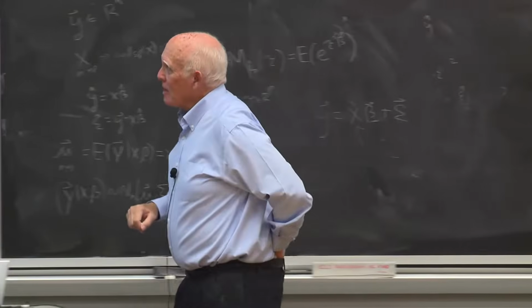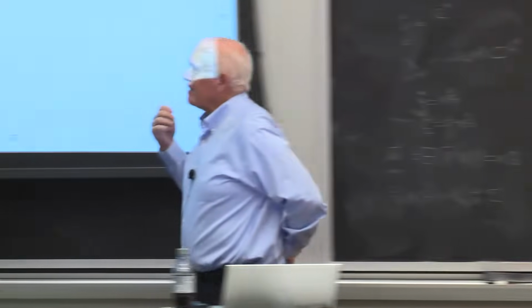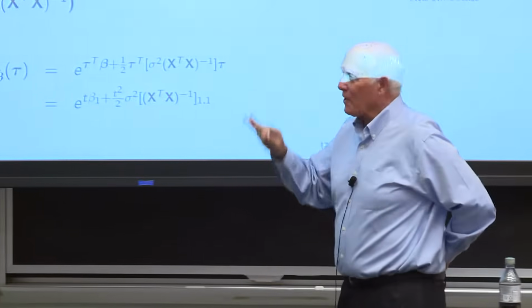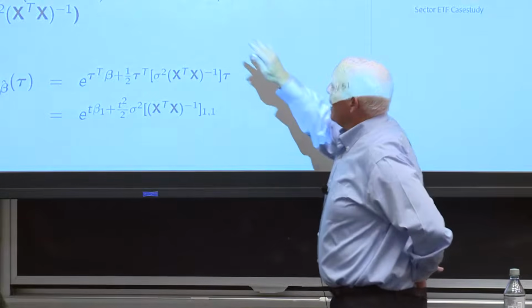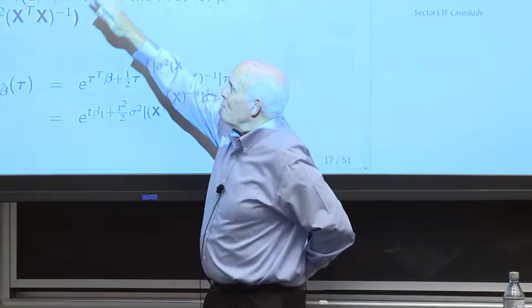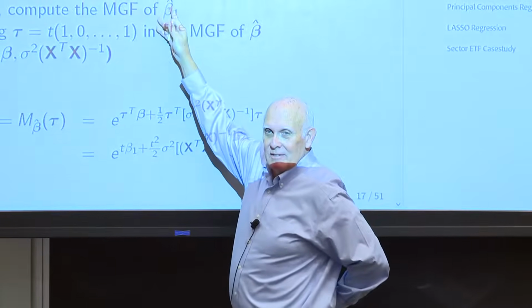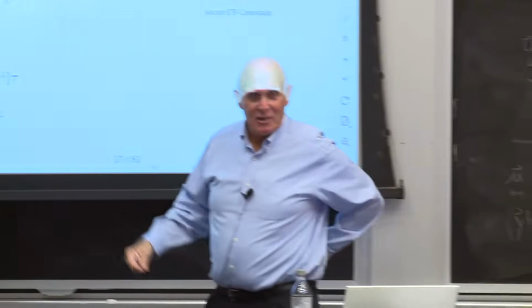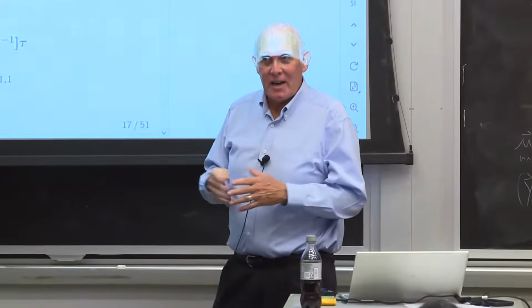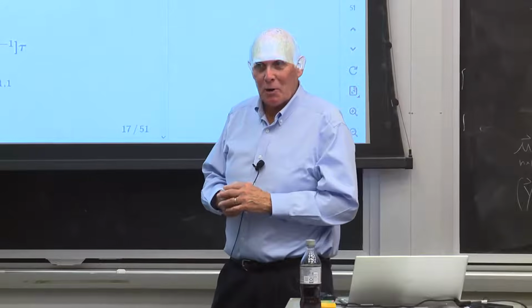And so if we had control over the X matrix, we might try to make the jth diagonal element as small as we can, so that the variance of that regression parameter estimate is as small as possible.